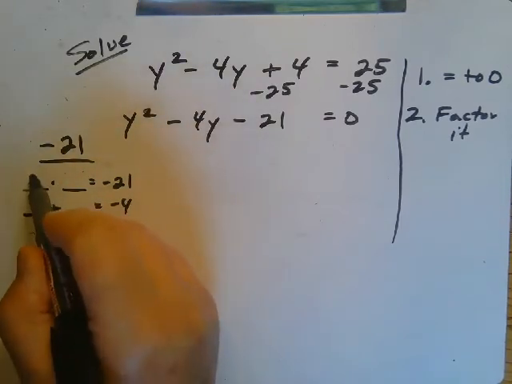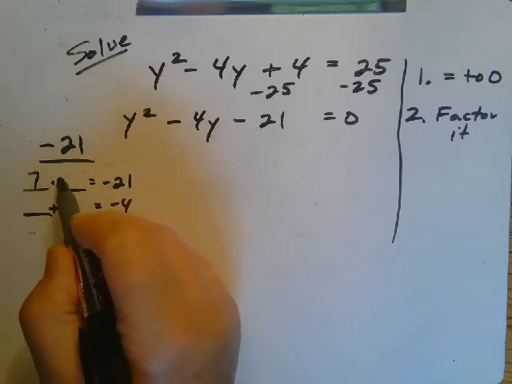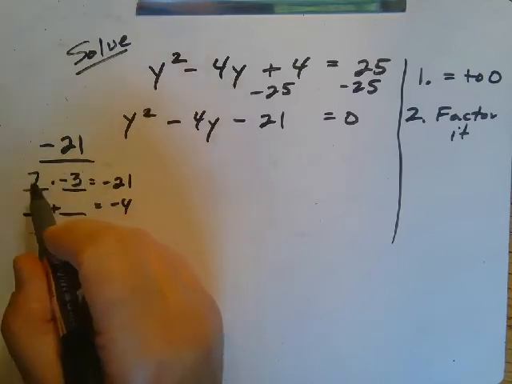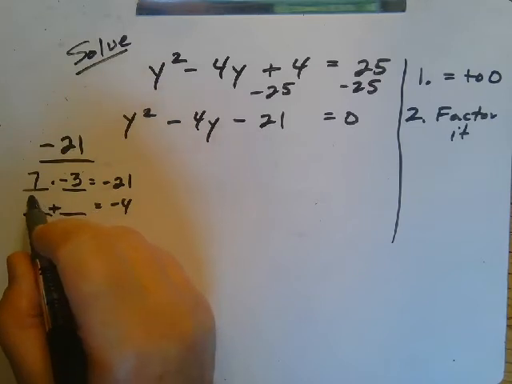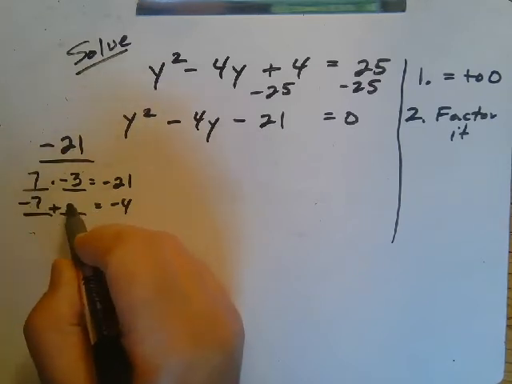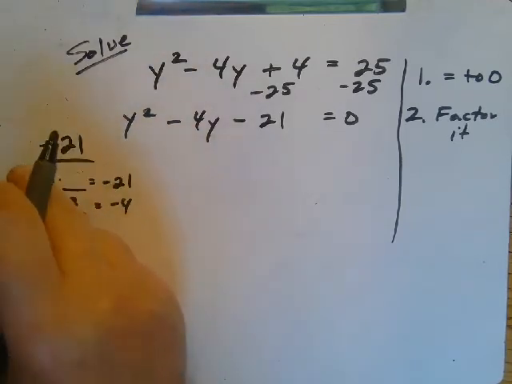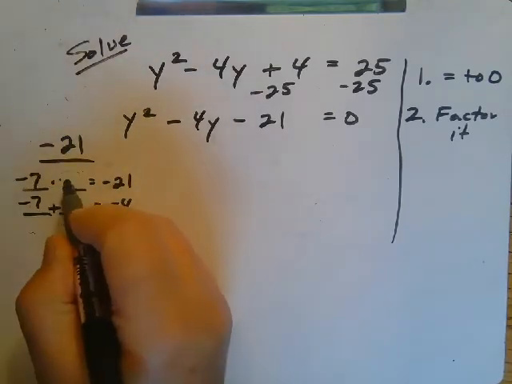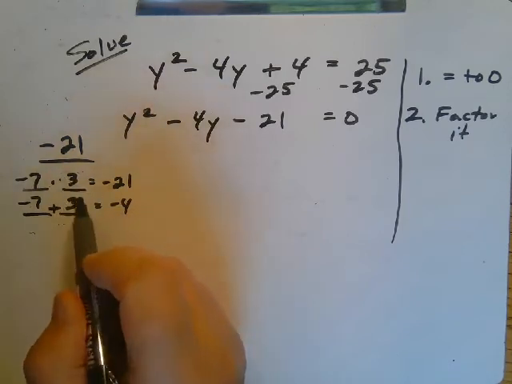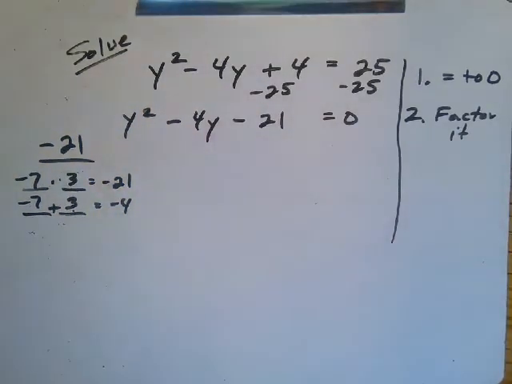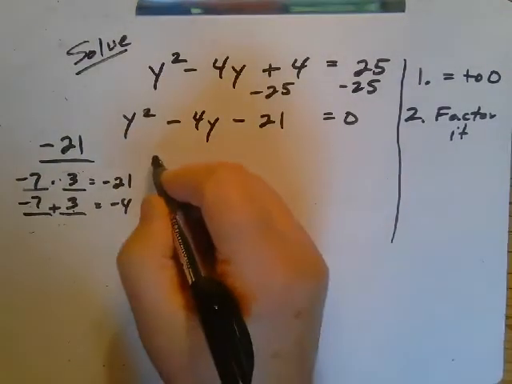Well, I can see that this is probably 7 and negative 3. Actually, I got to turn that around. It's going to be negative 7 and a positive 3 gives me a negative 4. So these are backwards. Negative 7 and a positive 3 when I add gives me negative 4. So those are my two numbers.